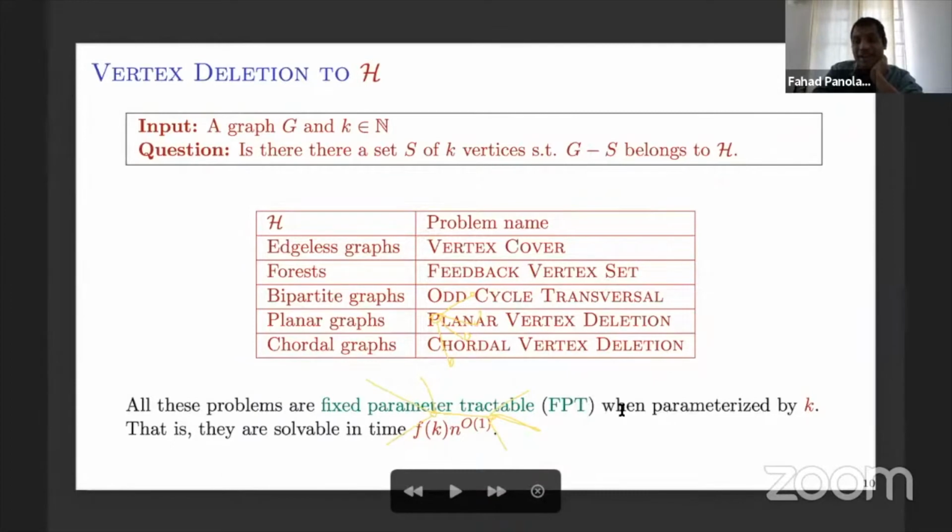When parameterized by K, where K is the cardinality of the deletion set, the problems can be solved in time f of K times polynomial in N, where N is the input length. You can think of N as the number of vertices, and f can be any function. Okay, but it should be polynomial in N. So this running time should be small when K is small.